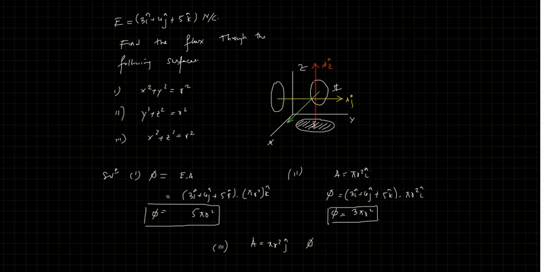Therefore, phi will be equal to 3i plus 4j plus 5k dot pi r square j cap. So I should get here 3 pi r square. So phi is 3 pi r square.